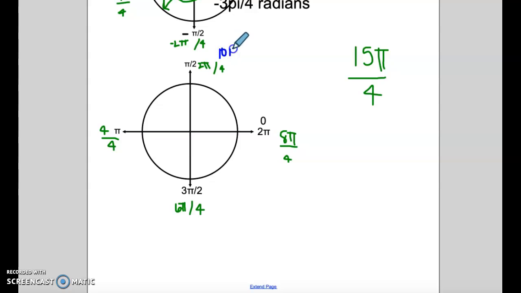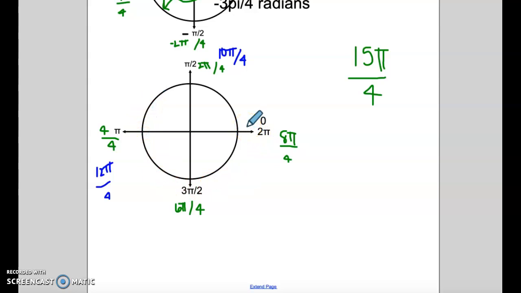I kind of just realized there's a pattern by adding 2 to get to the new quadrant, right? Because 2 plus 2, 4, plus 2, 6. So here will be 12 pi over 4. And I can simplify 12 pi over 4 and realize that's going to give me 3 pi, which would work, right? 0, 1 pi, 2 pi, 3 pi, 4 pi.